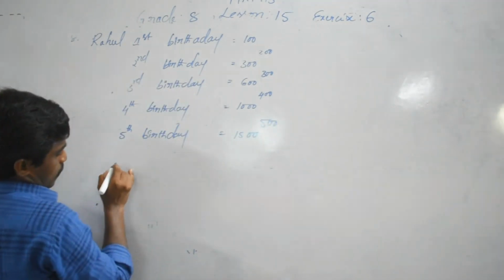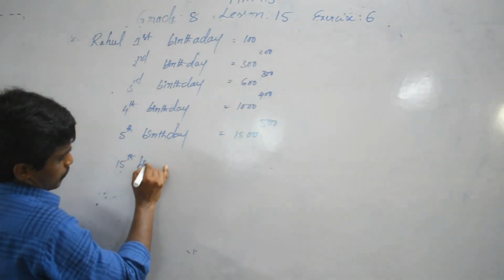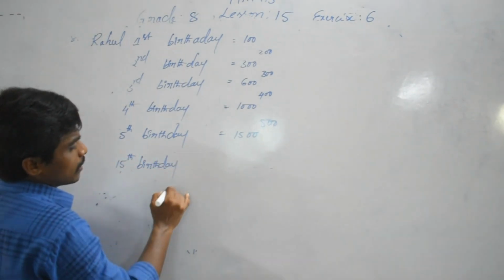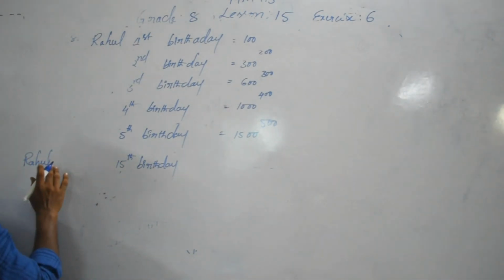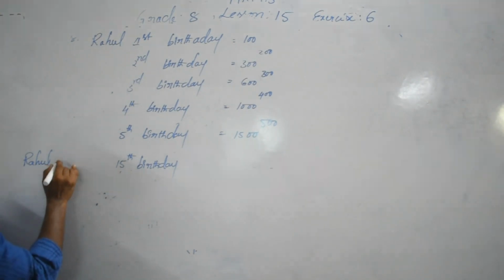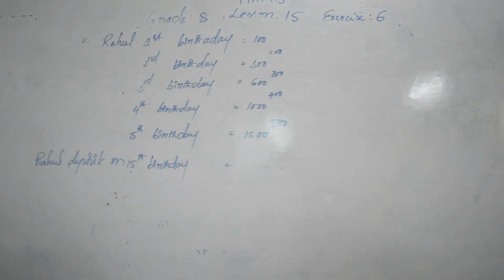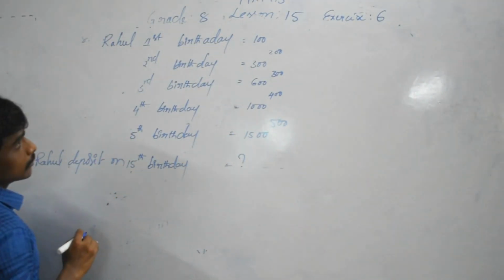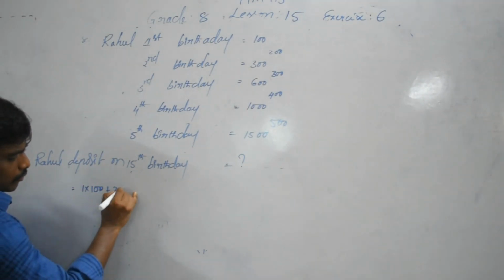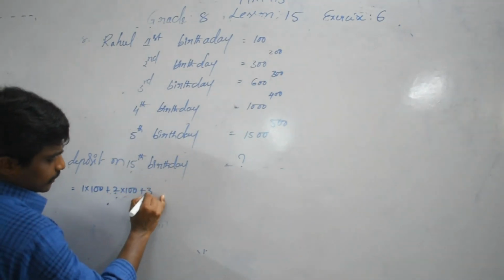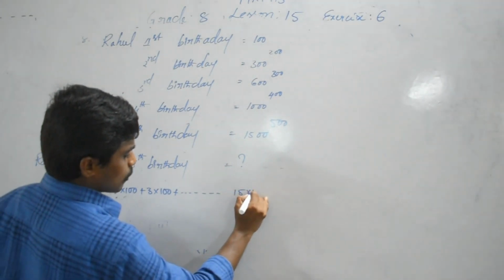So what is the 15th birthday deposit? So here for the 15th birthday, how much money in total? Here 100 times 1, 100 times 2, 100 times 3, like this 15 times 100.